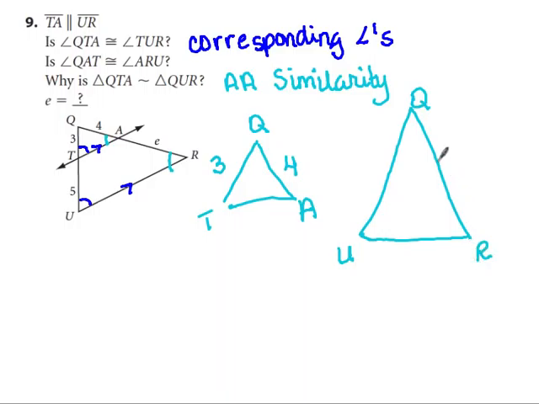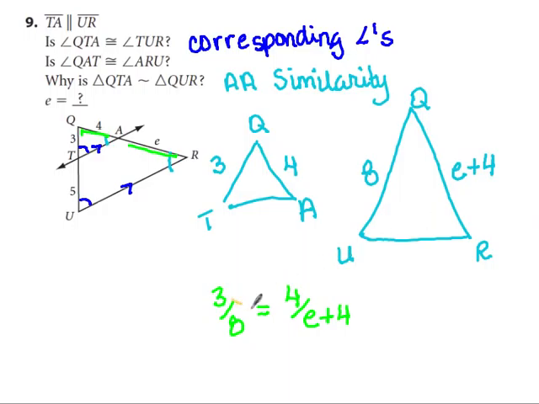What is the length of QU? Yep, which is what? 8. And then this one is E plus 4. Okay, because notice here you have 4 and you have E, so you add them together. So my proportion will be 3 over 8 equals what over what? 4 over E plus 4. So now I need to cross multiply.